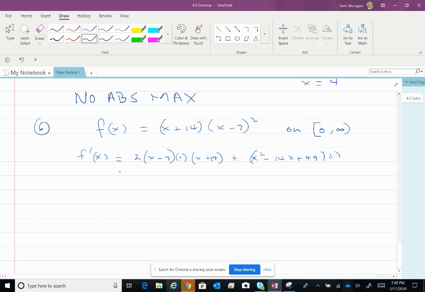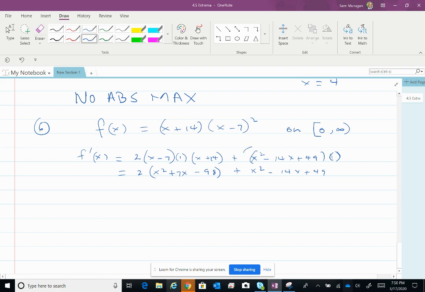So we would need to FOIL this part out also. This is x squared plus 7x minus 98 plus x squared minus 14x plus 49, since we're timesing it by 1.